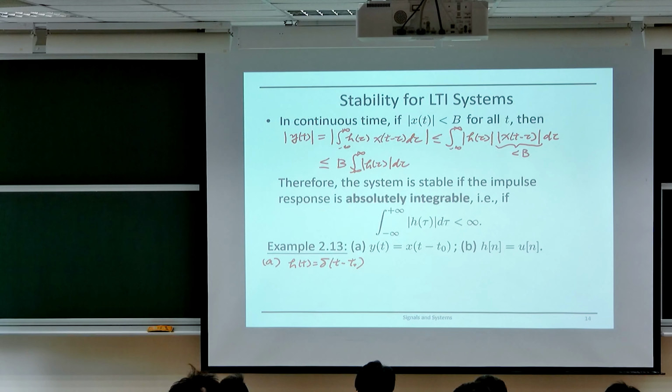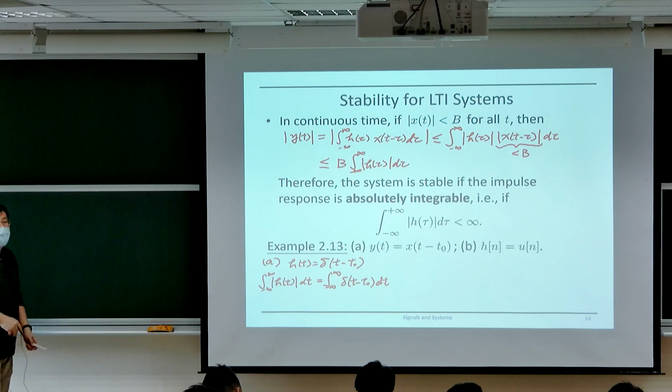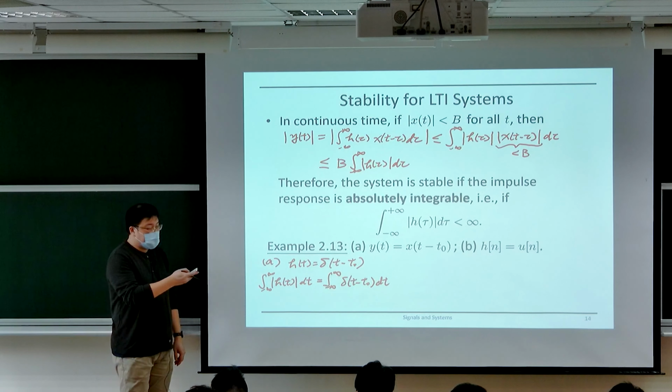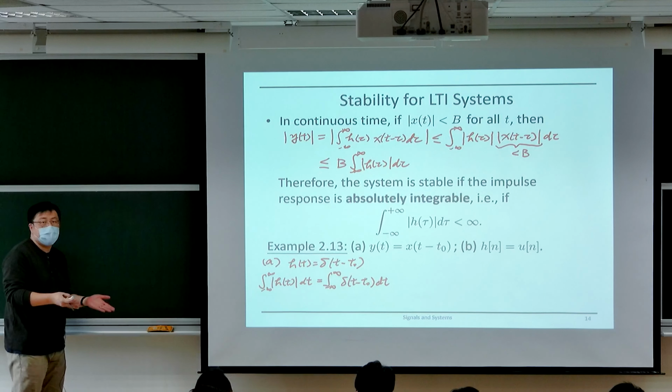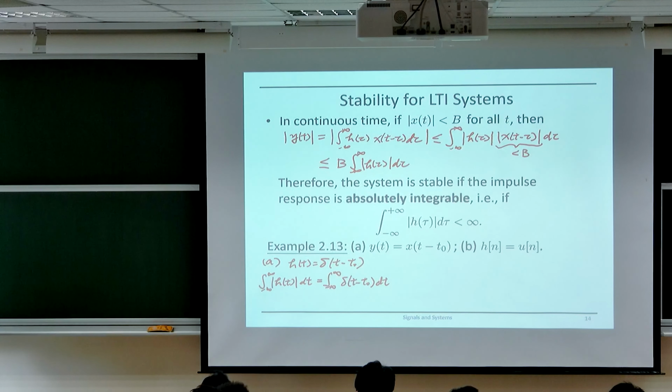Now we can check if the system is stable or not by taking the absolute integral of h of t. Substituting h of t inside, we get the integral of delta of t minus t naught dt. I'm neglecting the absolute sign because delta is always non-negative.